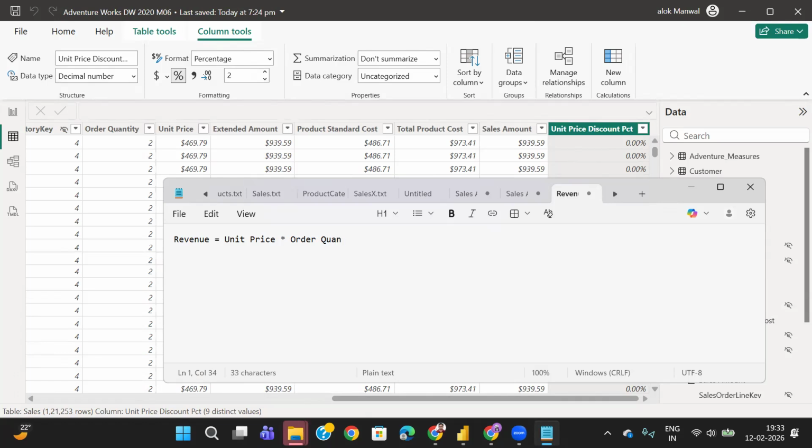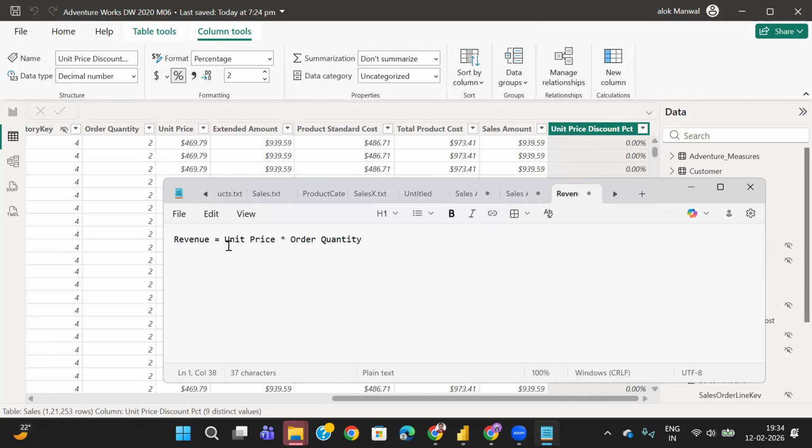Sometimes we are not clear about the names, so we have to verify it with our managers or the senior level, because they decide the naming conditions and the logic. So we have to be clear on that.